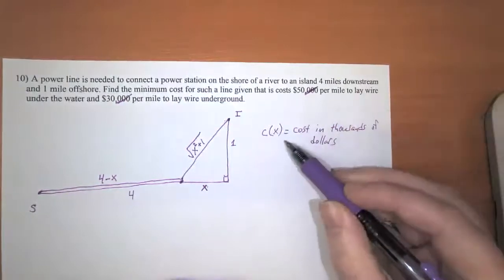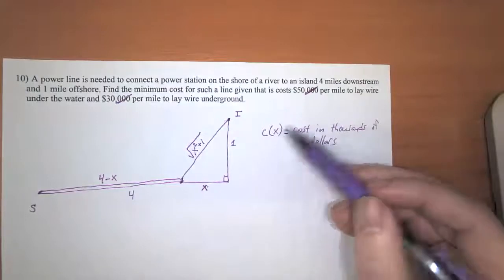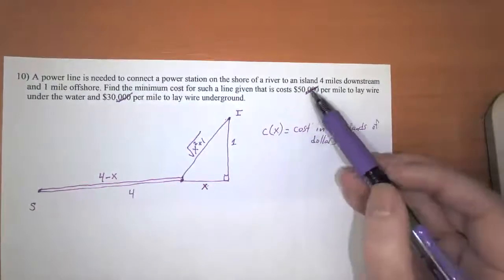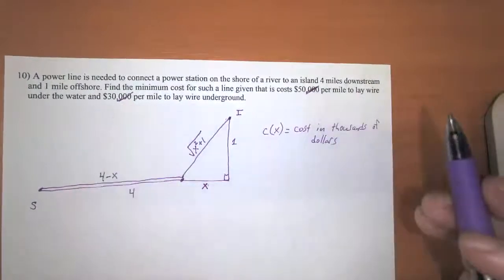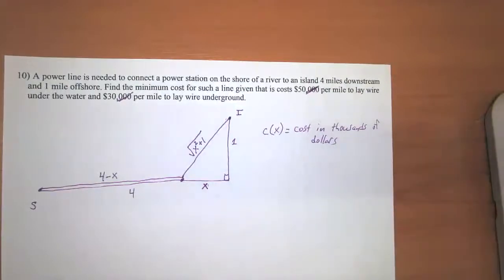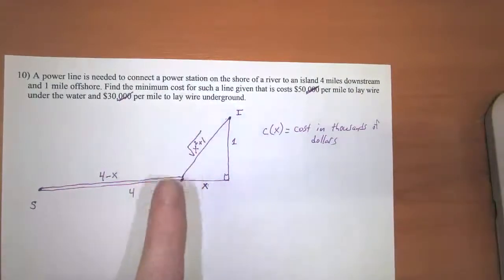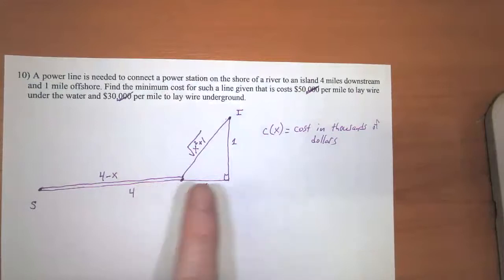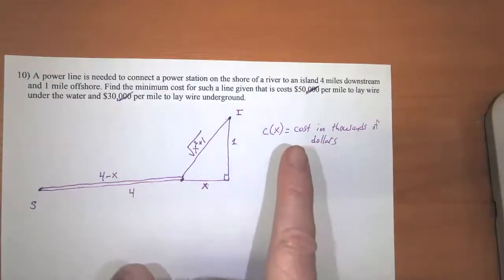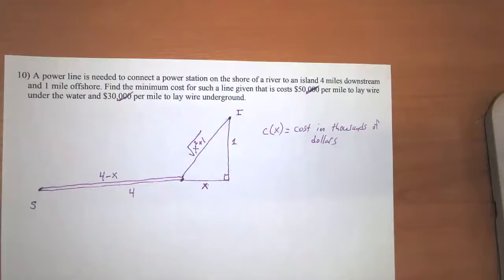So we know that whatever answer we get, we'll just multiply that by 1,000 to give us our answer. So that'll have us just having fewer zeros that we're writing. All right, so based on the problem that we've got right now and the diagram that we've built up to this point, what is an expression for C of x?